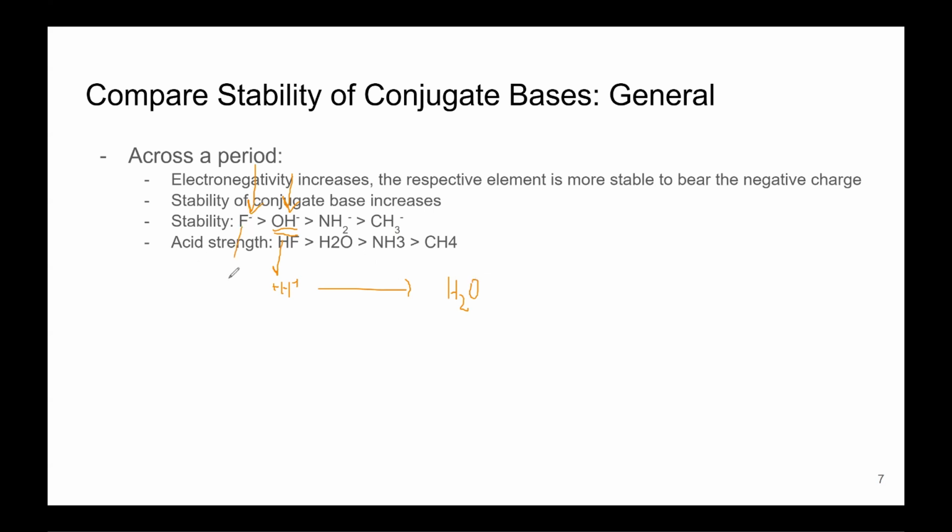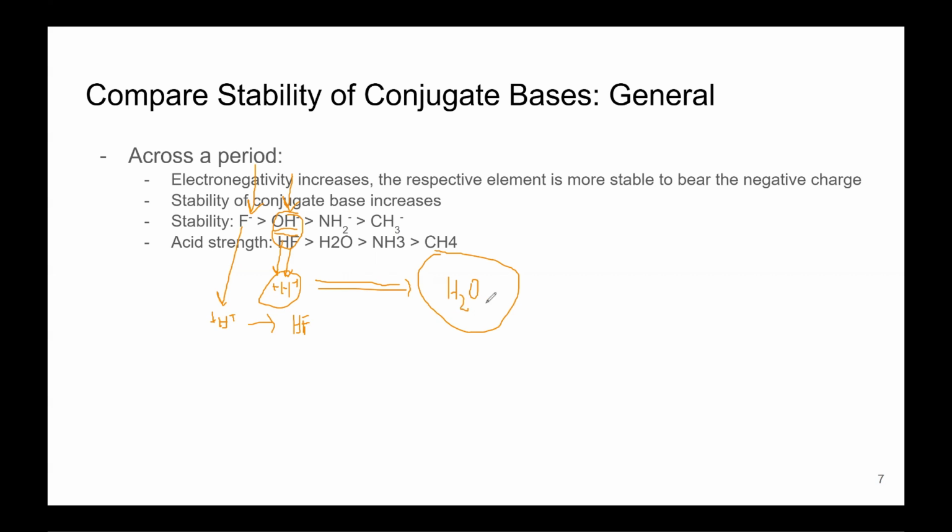Compared to when F minus grabs a H plus ion to form back your HF, hydrogen fluoride, because OH minus is less stable and it has a greater tendency to react with H plus and then become its conjugate acid. So the conjugate acid of hydroxide is of course water.